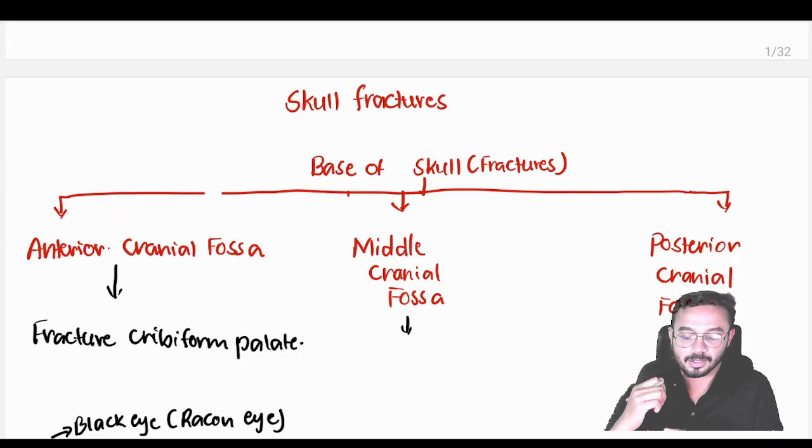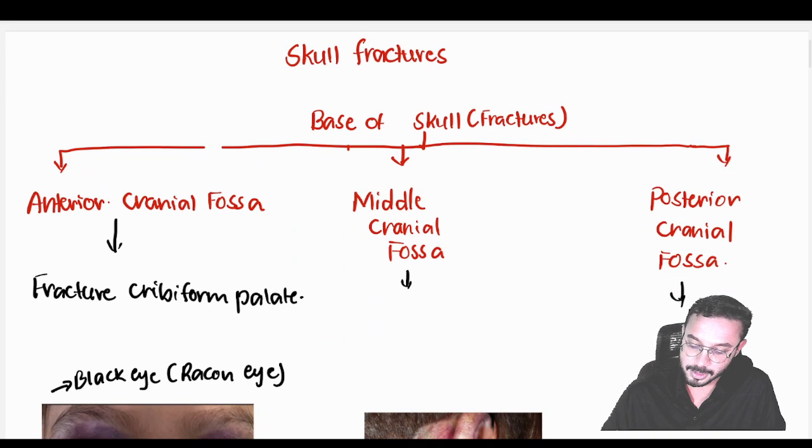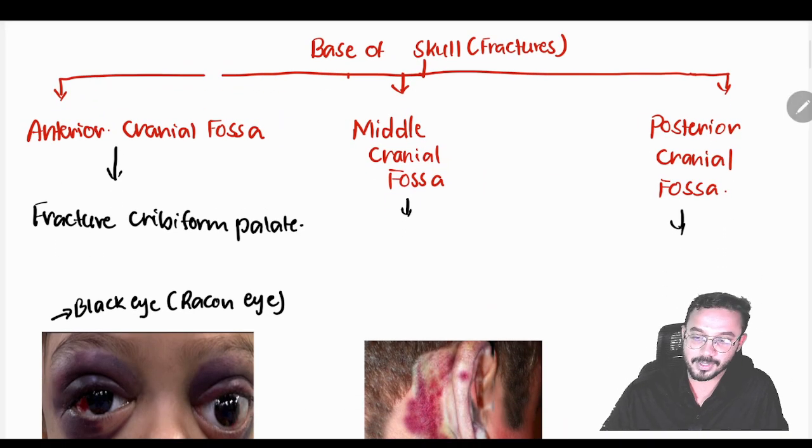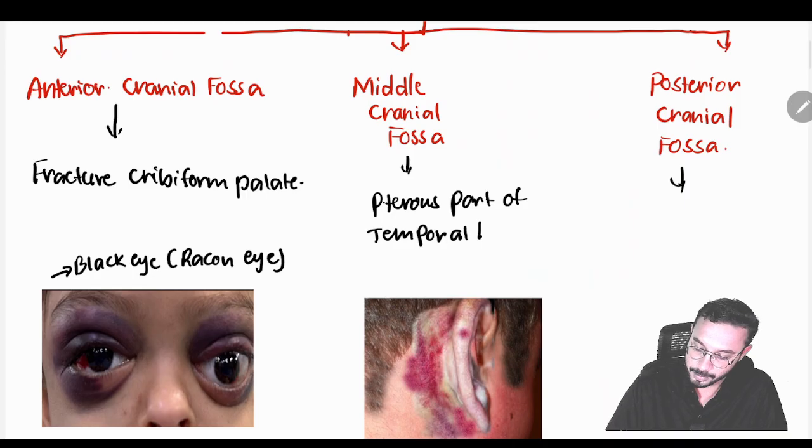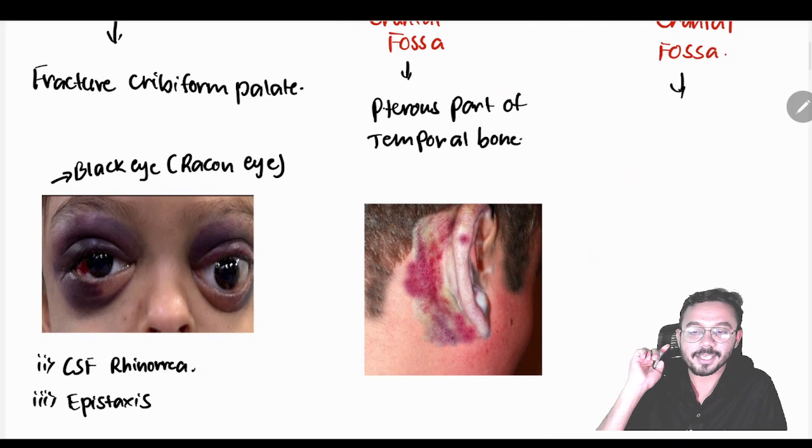If the fracture occurs in the middle cranial fossa, that is the petrous part of the temporal bone, you will get all the ear manifestations.